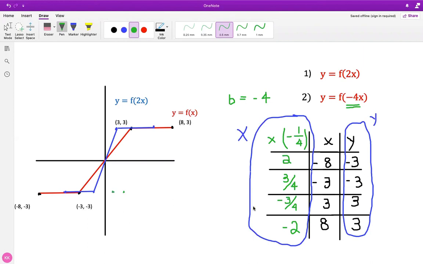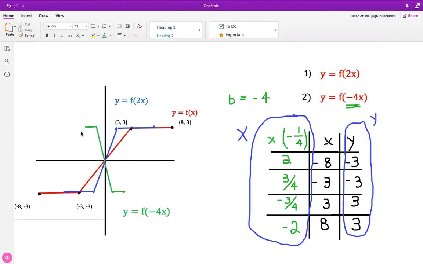Then -3/4 and 3 is around this position, and -2 and 3 is around this position. I'm going to connect these points together, and you should get something like this. This green curve shows you y equals f of -4x. You notice that this function is reflected in the y-axis, and it's contracted in the horizontal direction.